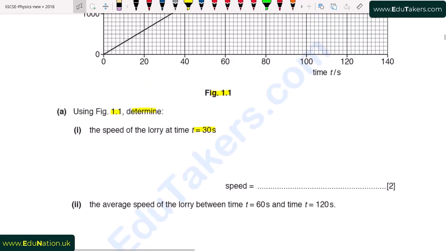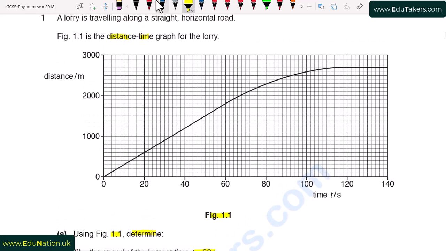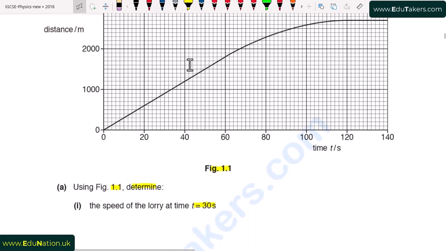So going back to the graph, we can see that it's a distance-time graph and the slope of a distance-time graph is speed, or the gradient of the distance-time graph gives us speed. So I write here: speed is equal to the gradient or slope of the distance-time graph. In part first, time is given, that is 30 seconds.